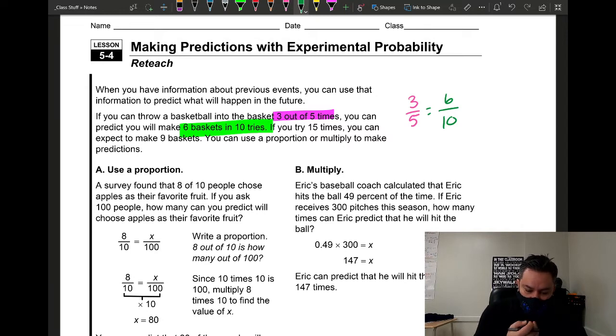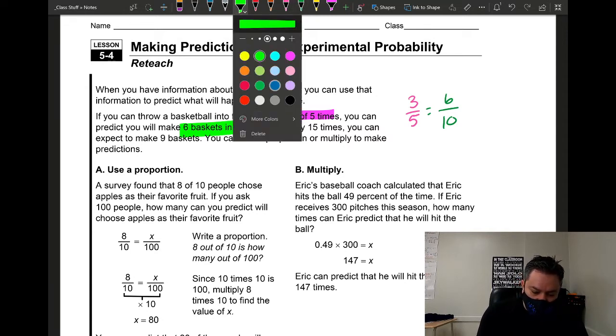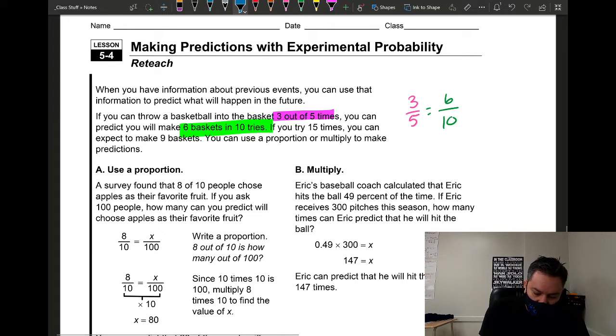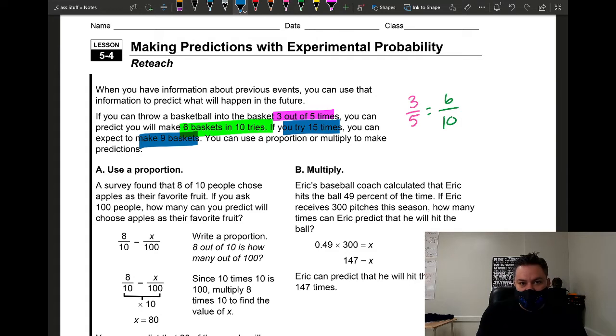They're also saying that you can make it 9 out of 15 times. So if you try 15 times, you're going to make it 9 times. That's an experiment that might happen. So this is the same thing as 9 out of 15. And if you simplify all of those, you're going to get 3/5 at the end.